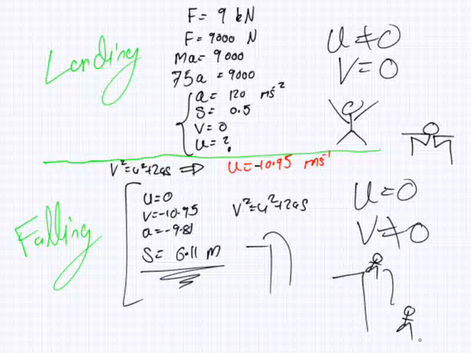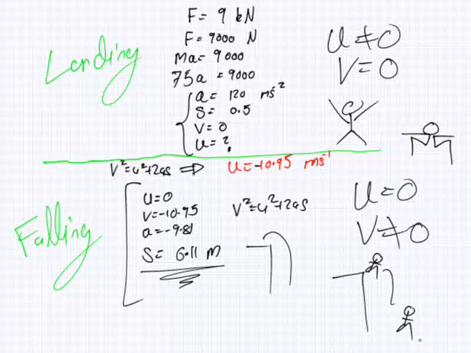Now remember, that's going from here to here. You have a U and then a 0. But for this part of the journey, the U will be the V, and here is 0. So let's do that part now. We're going backwards. So for the next part, U is 0, V is minus 10.95, I should be extra careful here, that's a minus.